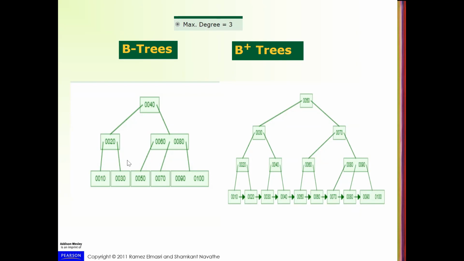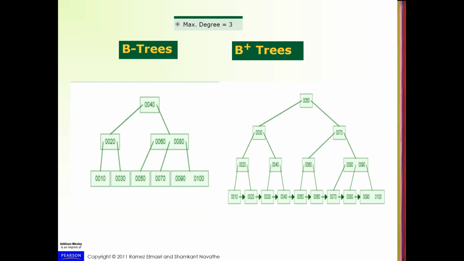Hence, the leaves in the B tree have, in this particular case, 1, 2, 3, 4, 5, 6 elements, whereas the B+ tree has all 10 elements: 1, 2, 3, 4, 5, 6, 7, 8, 9, 10.